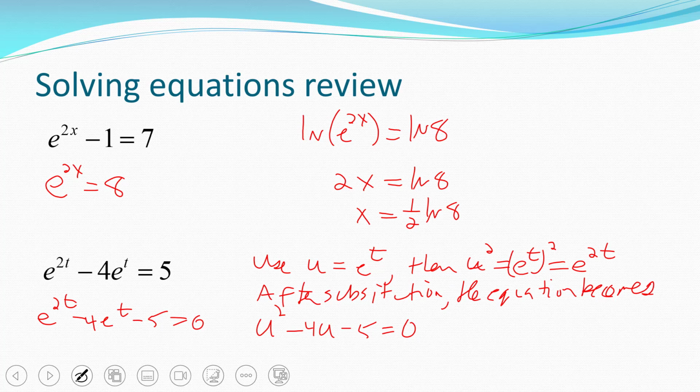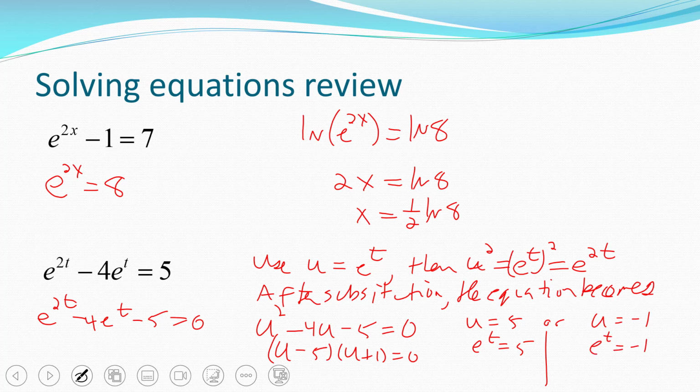That can be then easily factored to be u minus 5 times u plus 1 is 0. So that means that either u is 5 or u is negative 1. Separately, that means that e to the t is 5 or e to the t is negative 1.